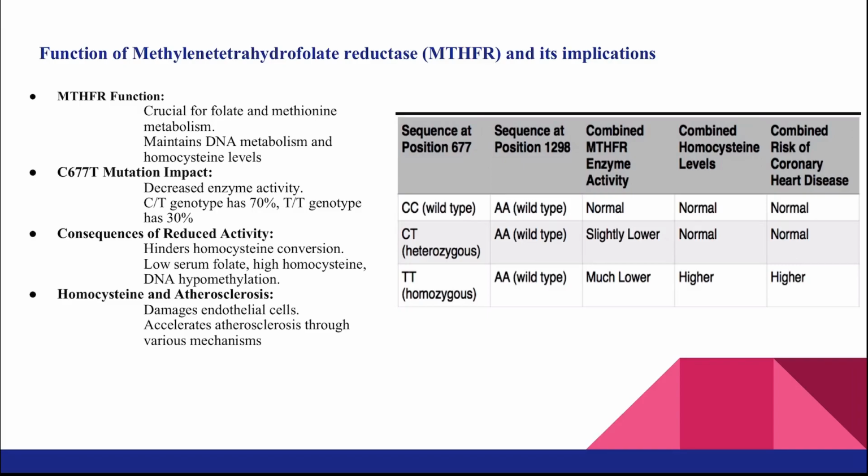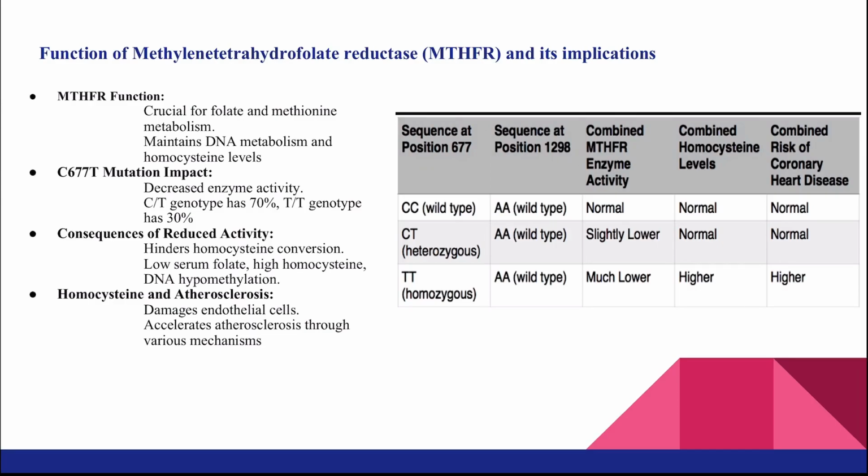This enzyme is responsible for the regulation of homocysteine levels. So, whenever there is a decrease in the levels of this enzyme, the homocysteine levels have been shown to increase. Much higher levels of homocysteine were seen in the homozygous. When homocysteine levels increase, it is known as hyperhomocysteinemia, and this is linked to accelerated atherosclerosis in our body.